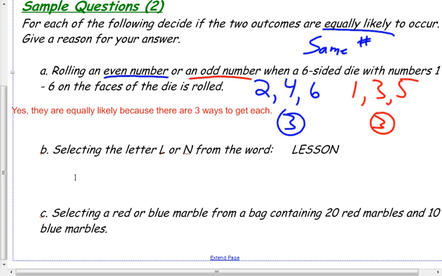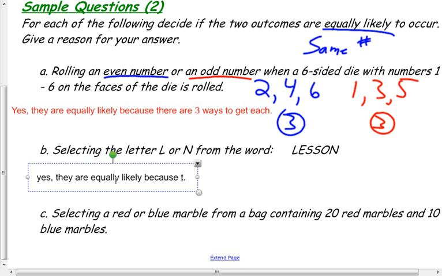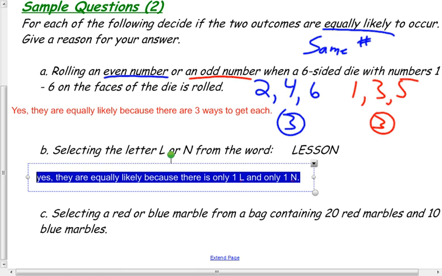So we'll say yes, they are equally likely because there is only one L and only one N. Okay, so yes, they're equally likely because there's only one L and there's only one N.